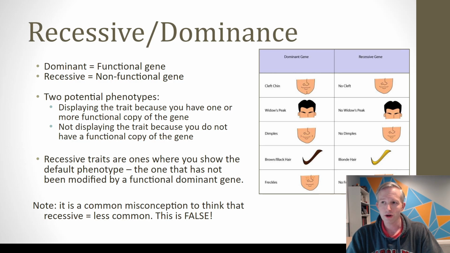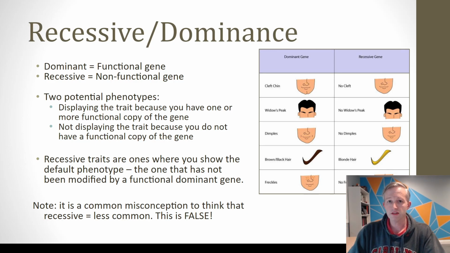And so when we talk about recessive traits, we're not talking about, in the case of no cleft chin, you have the no cleft chin gene, and so it makes you not have a cleft chin. Well, if we think about it, it makes a lot more sense that, if you have the cleft gene, then you show that trait because it produces a protein that, for whatever reason, in the development of your chin, produces the cleft chin.